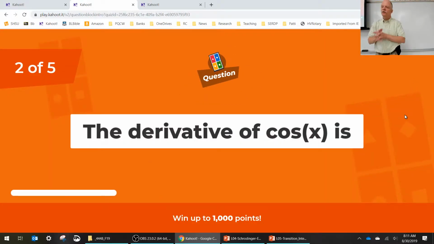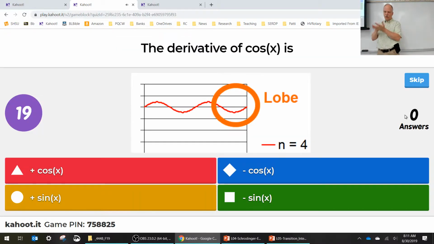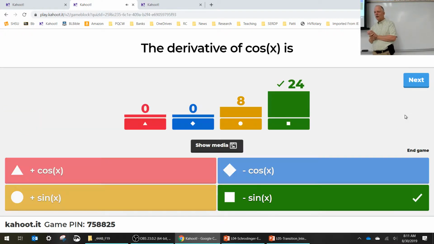Okay, question 2. Derivative of cosine x is, quickly. Very good.